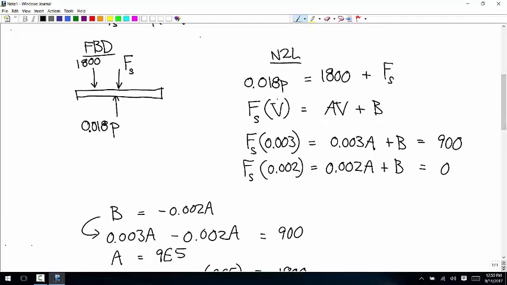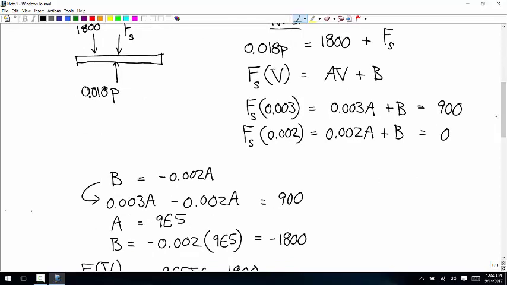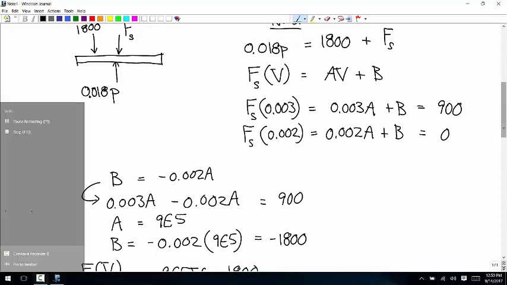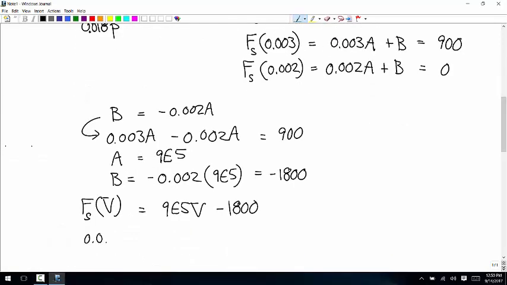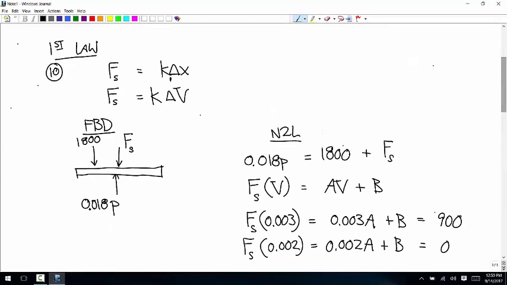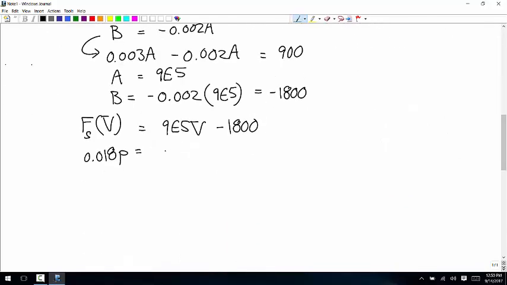Now we can plug that into Newton's second law. So 0.018 P is equal to 1,800 plus 9 times 10 to the 5th times the volume minus 1,800. And so that's just 9 times 10 to the 5th times the volume.